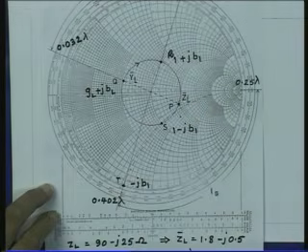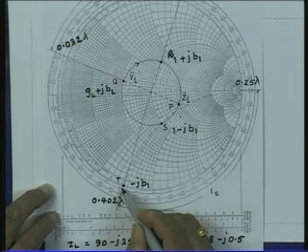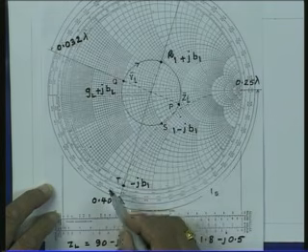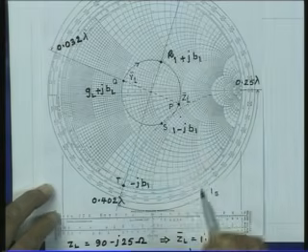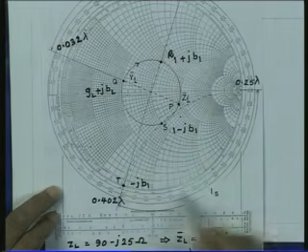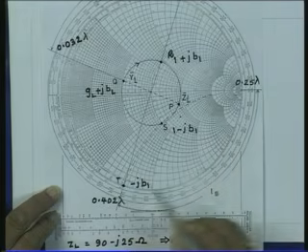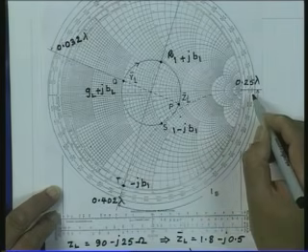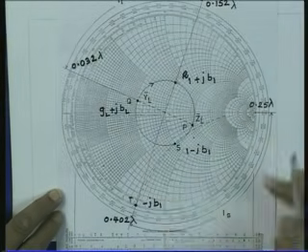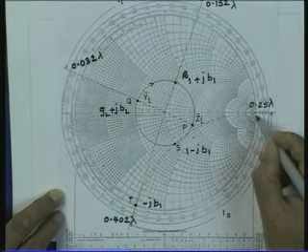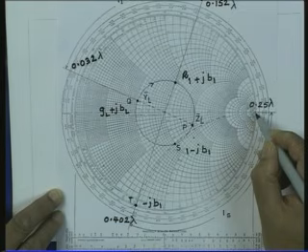So, from here this is my susceptance which I want to add. I have to move now away from the generator. So, I have to go in the anti-clockwise direction till I reach the short circuit point. And since this chart has now become the admittance chart, the point corresponding to the short circuit is the rightmost point. So, this is short circuit.